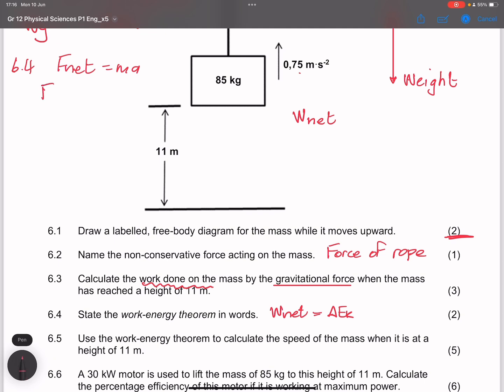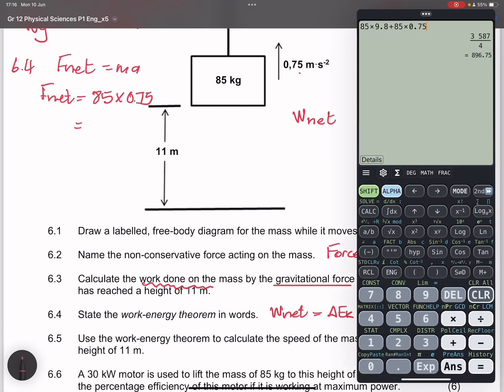Our net force is 85 times 0.75. That gives us 63.75 newtons. That would be our net force.